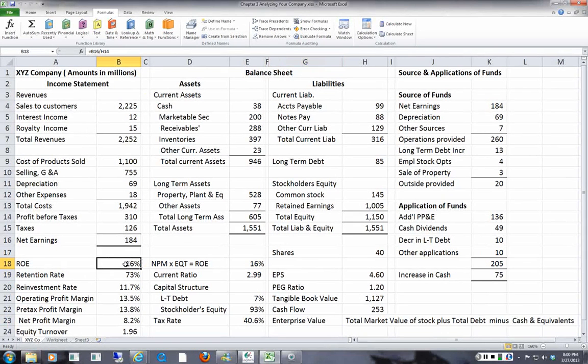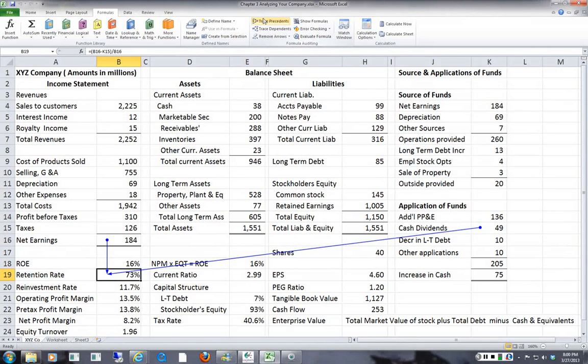The first one we've got down here is return on equity, ROE. That takes the net income of $184 and divides it by $1,150 of total equity. So that's a 16% return on equity. Then we've got a retention rate. The retention rate takes the $184 and you subtract cash dividends from it because that's going out.